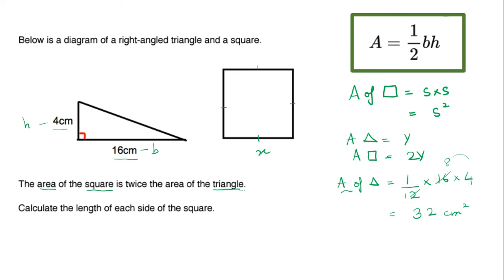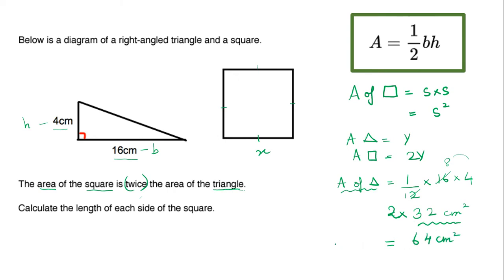Now I have my area of triangle. Let's refer back to the question. The area of the square is twice the area of the triangle. Twice means you have to multiply the area of the triangle by 2, so I'm just going to do 2 times 32. So 2 times 32 gives me 64 centimeter squared.